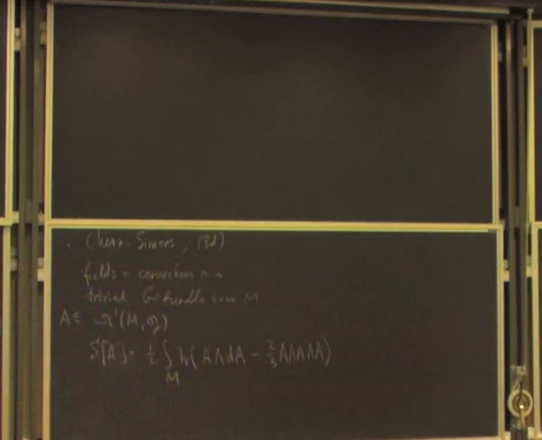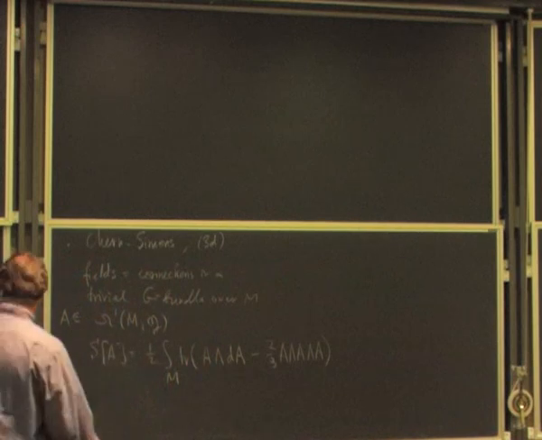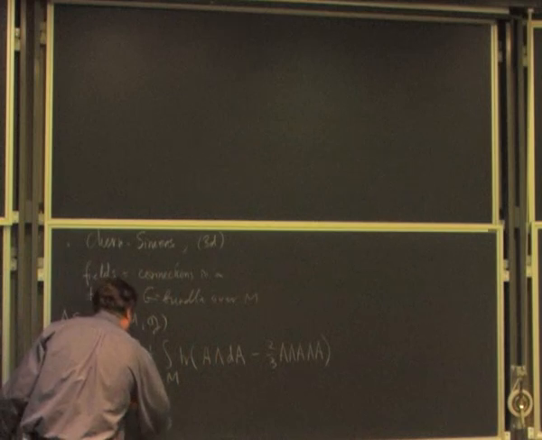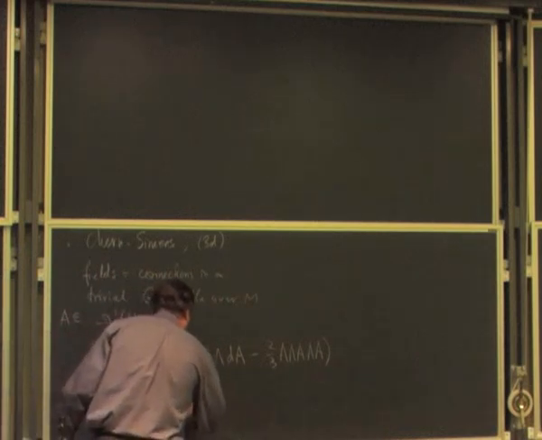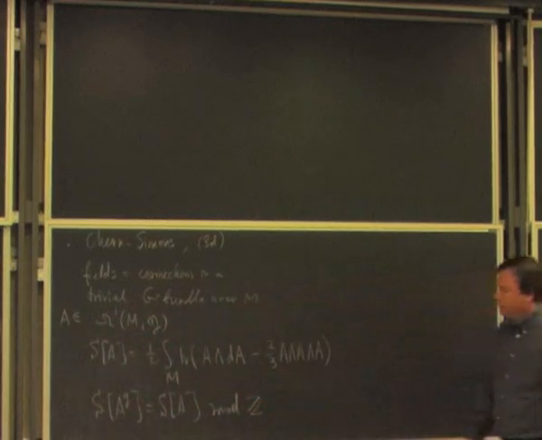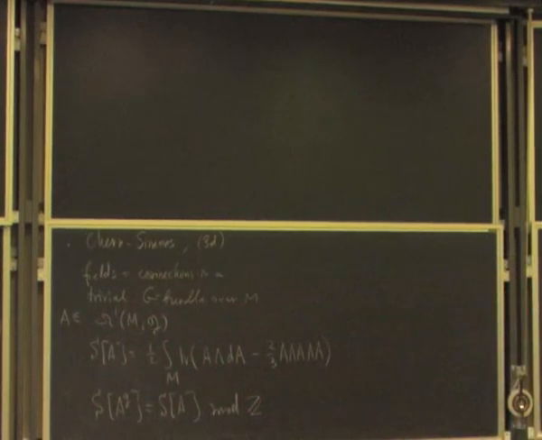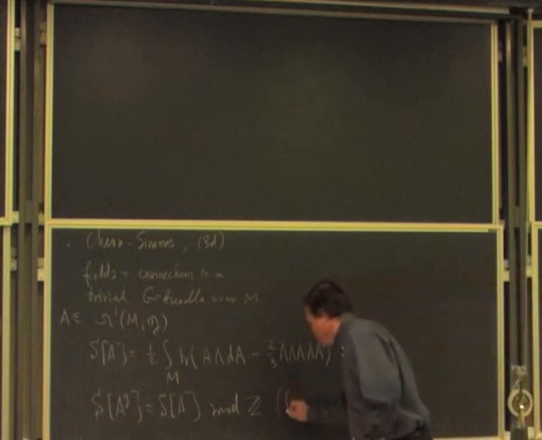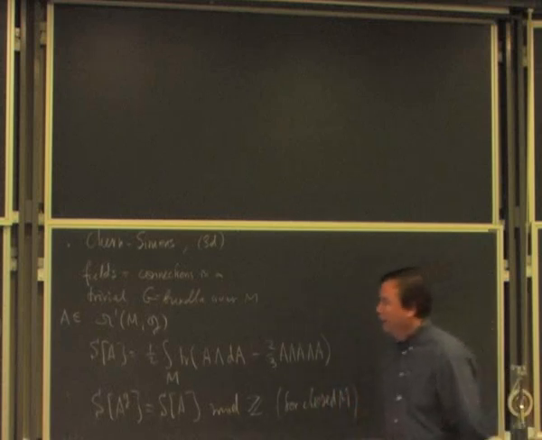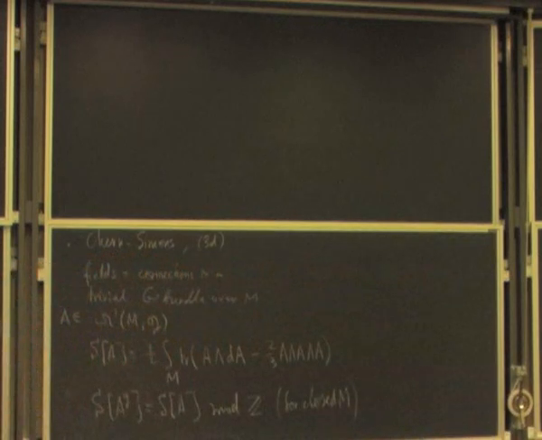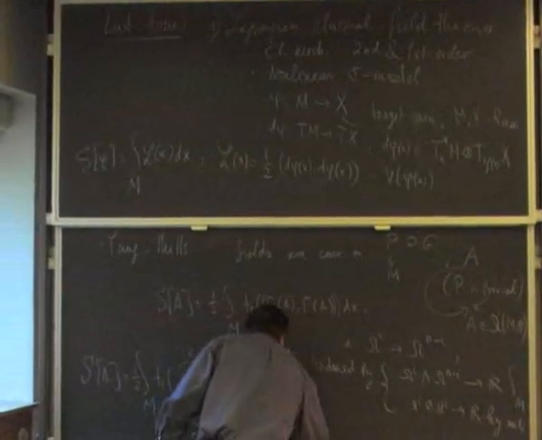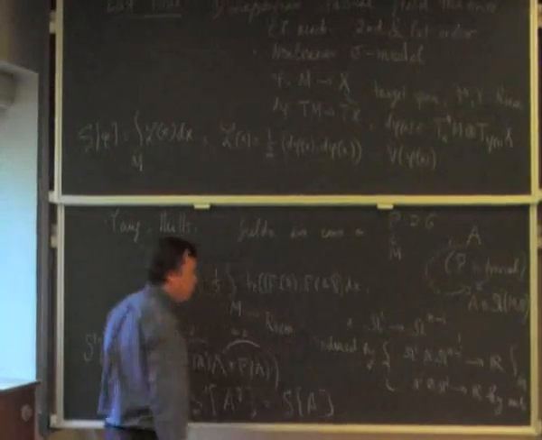It's a 3 form, and it's special because it is gauge invariant modulo Z for closed M. And in this case, the Yang-Mills action is just gauge invariant.